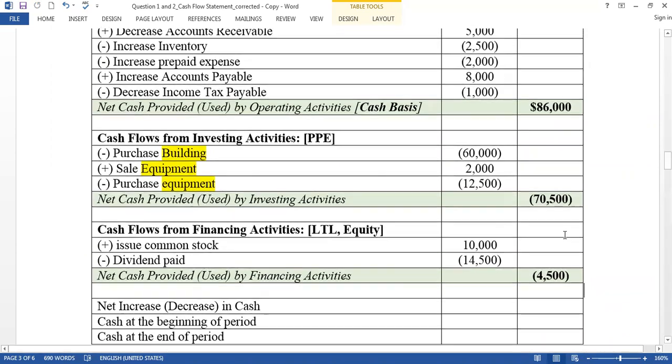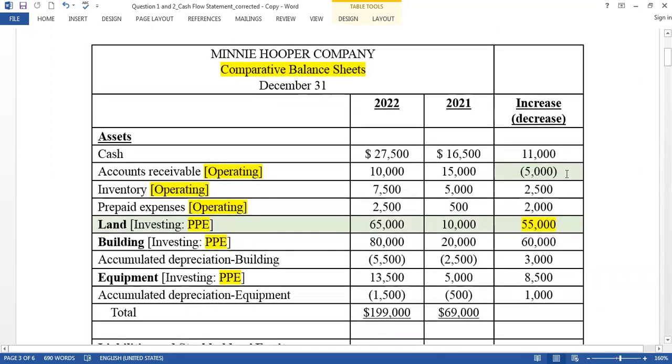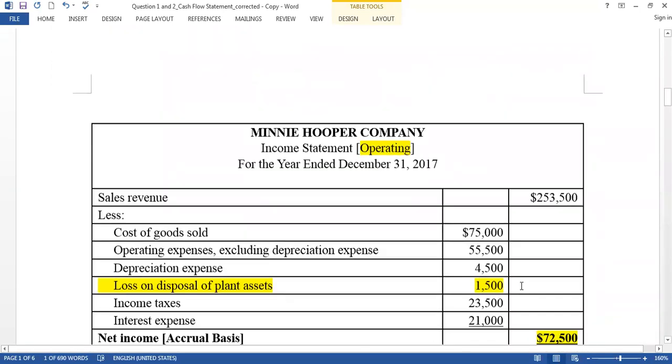Now I told you that our answer is given in the question. So this is the answer. Here $11,000 increase, right? So this is the answer. Copy $11,000 here.